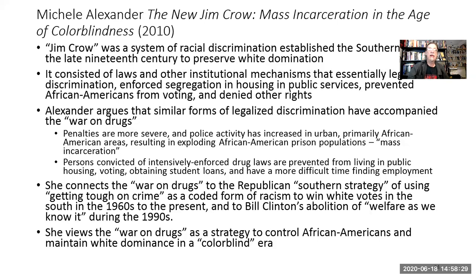So the war on drugs that began in the late 80s and into the 90s and has continued was focused on communities of color. And the sentences for possession of drugs were made much tougher. Mandatory minimum sentences became common, where even if before a judge might have been able to take some circumstances into account in deciding what the proper punishment should be, that right was taken away from the judges.